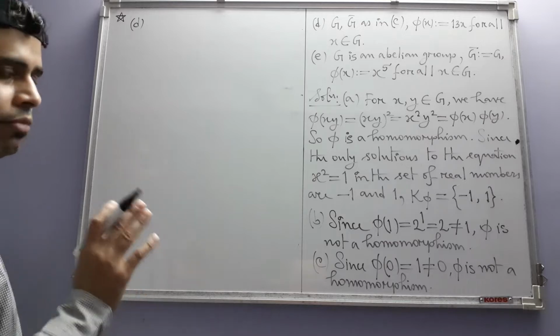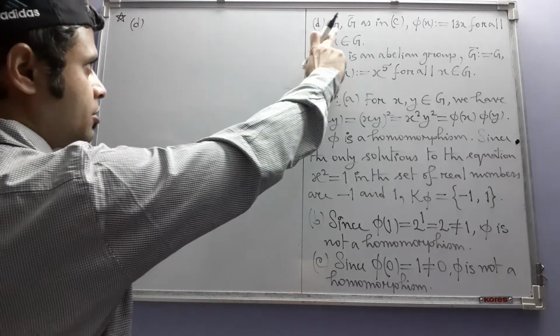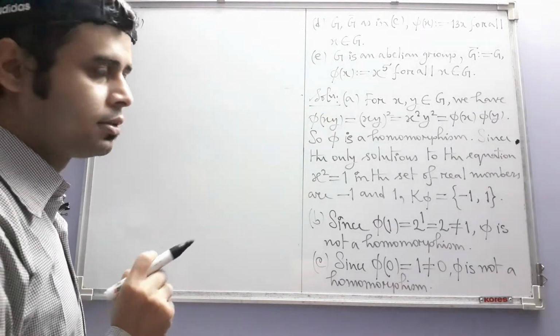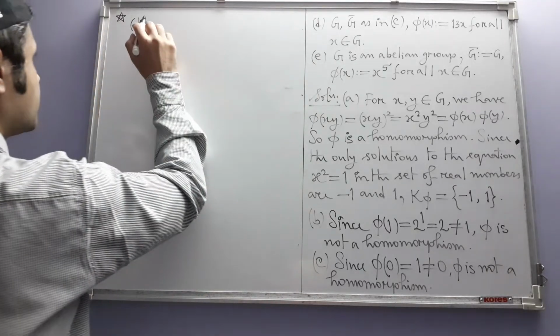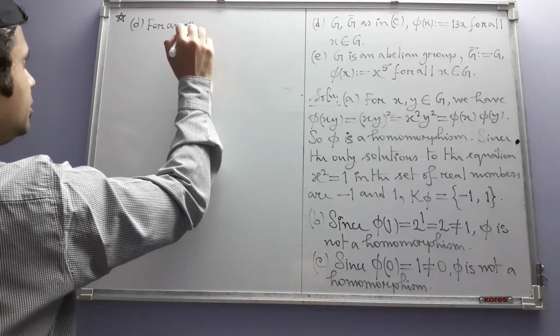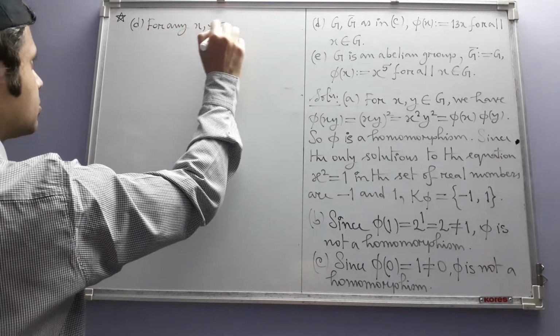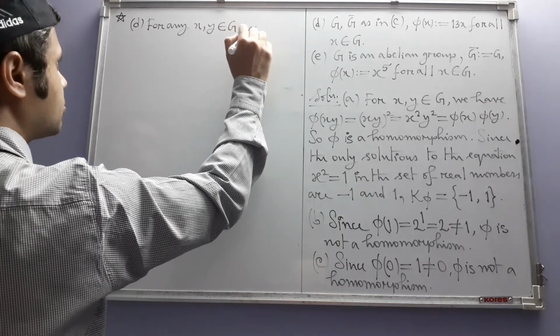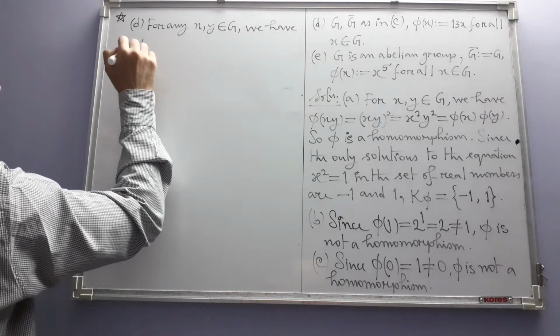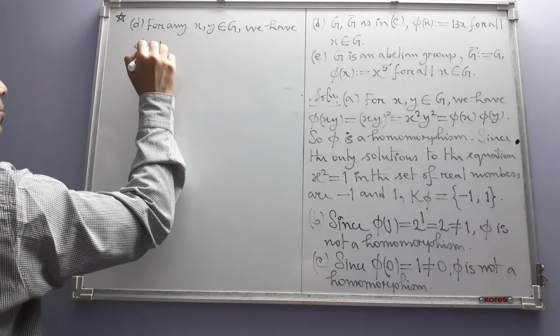In part D, it will be a homomorphism. Here also both the groups are equal to the additive group of real numbers. For any two real numbers x and y, we have phi of x plus y.